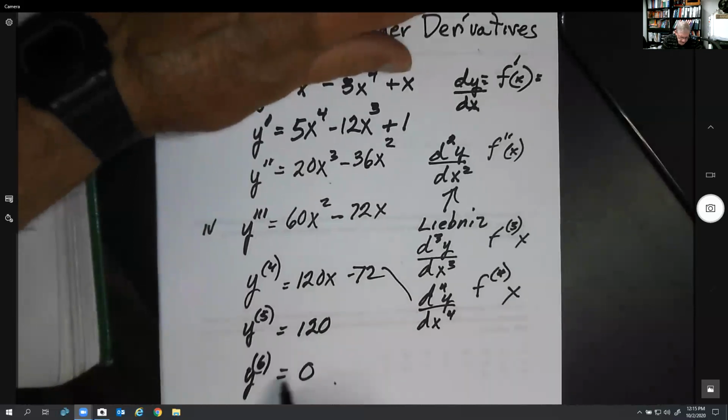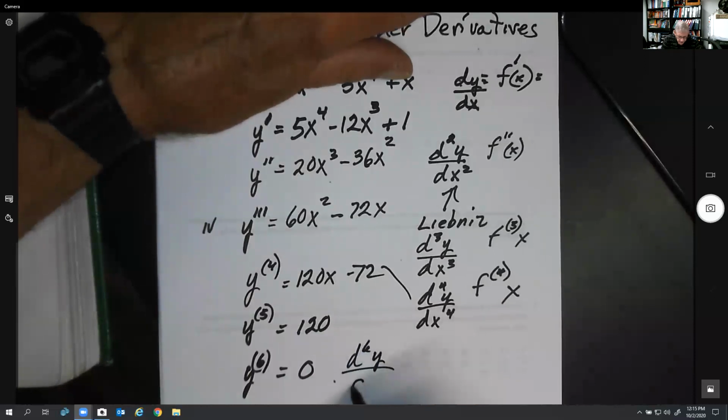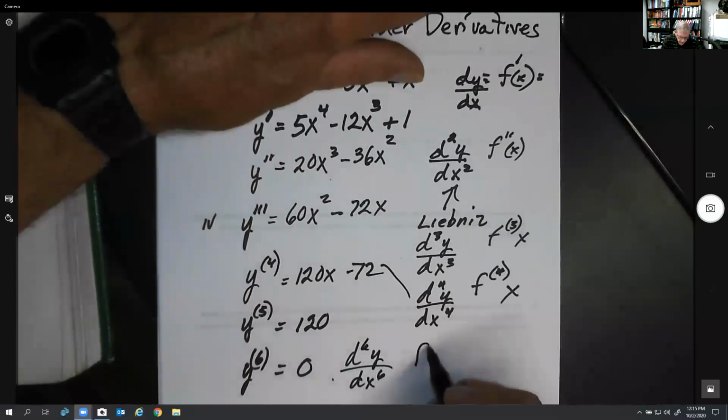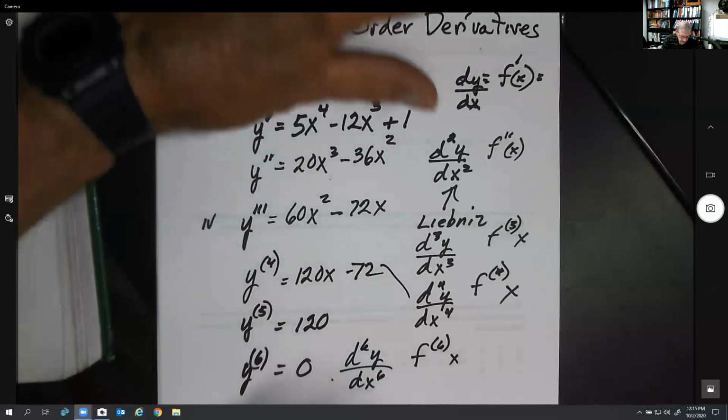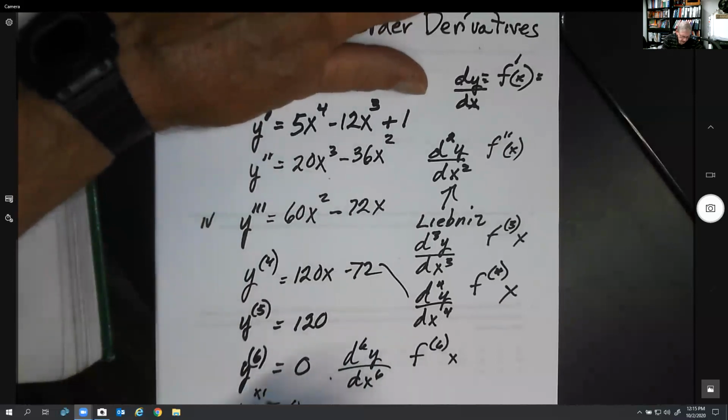So again, if I took the sixth derivative here, Leibniz notation would be d to the sixth y over dx to the sixth. Now, a little fancier. And if I did it here, I'd probably put function of 6 x. And I guess you could use a Roman numeral, like VI.